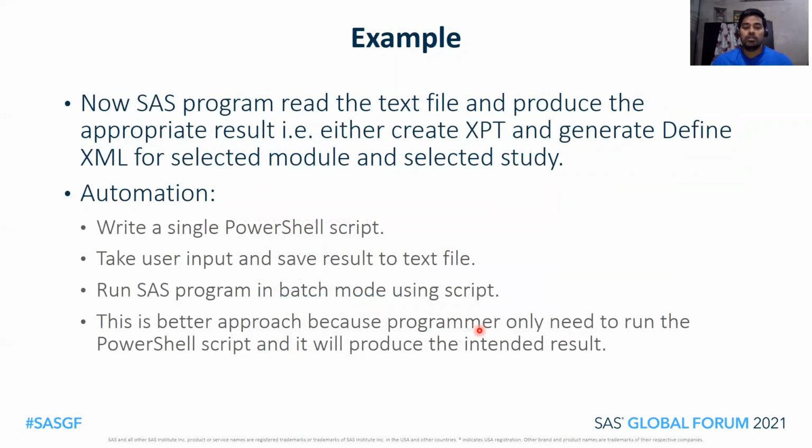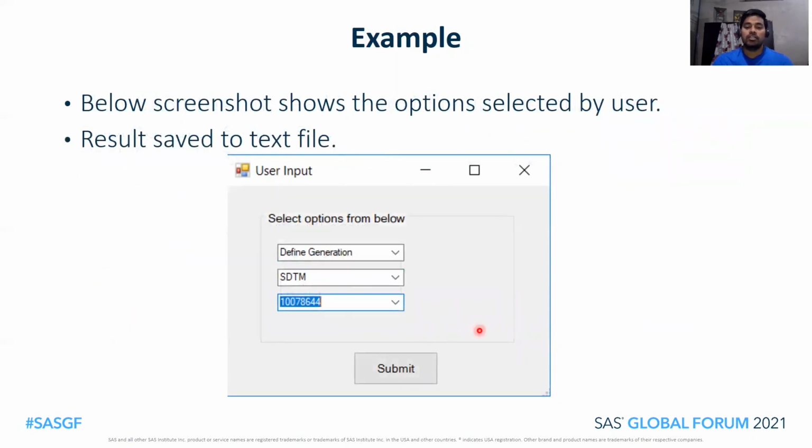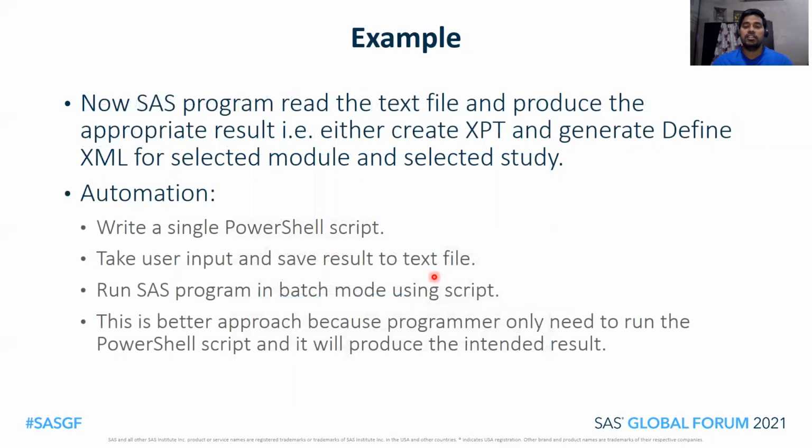Now the SAS program can read the text file and produce the appropriate result. Since in this case the user has selected define generation for the SDTM module, the SAS program will generate the define for the SDTM module.